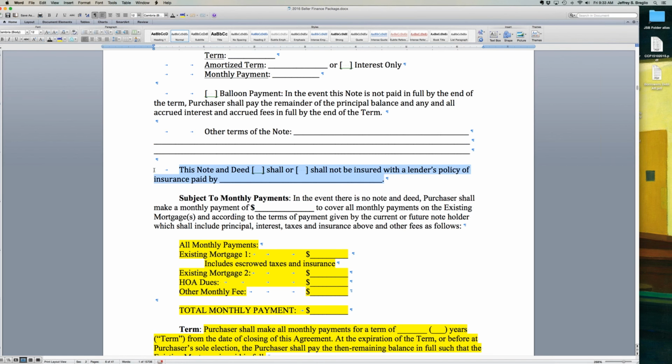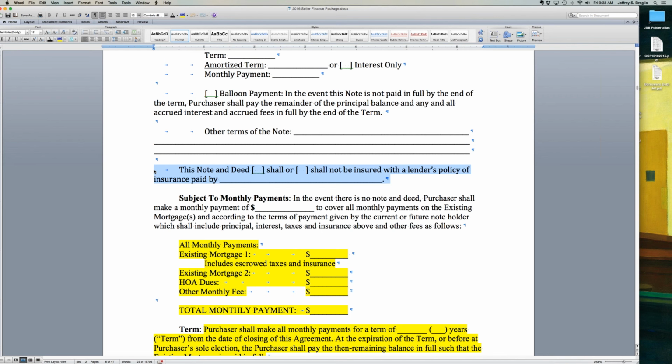Okay. This one is about whether or not there's going to be a lender's policy of insurance. If you do either a note and deed, like in a true seller financing situation, or you do an all-inclusive note and deed in a wrap, or in a subject to, when you close the house, your title company is going to ask whether or not the seller, who is the bank in this situation, wants a lender's policy of insurance paid at the title company.